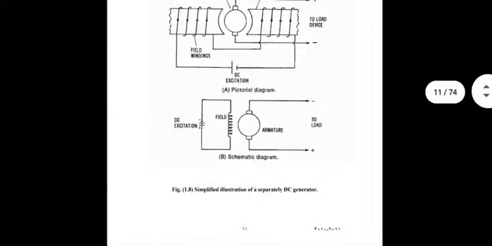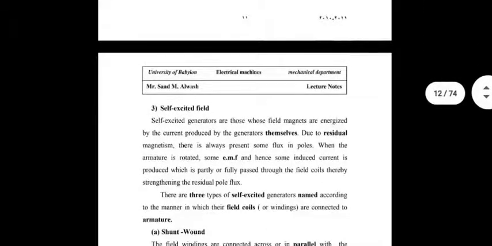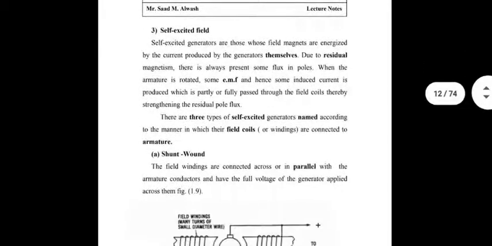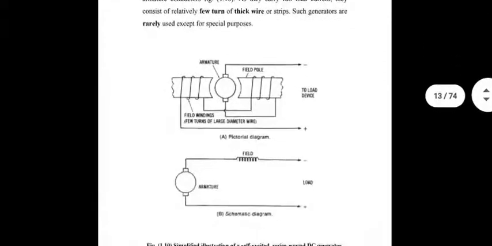If you use the EMF generated from the machine itself to feed the field windings, then we call it self-excited connection. And that can be of three types: shunt wound, series wound, and compound wound.